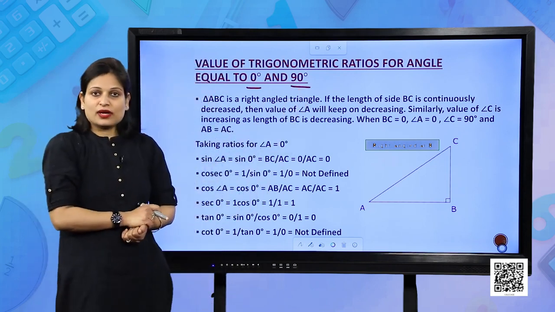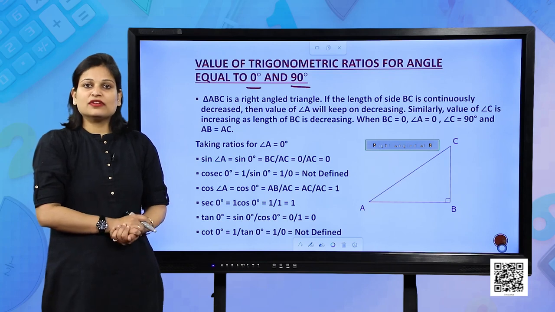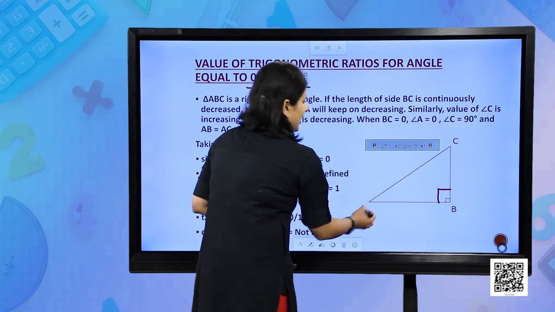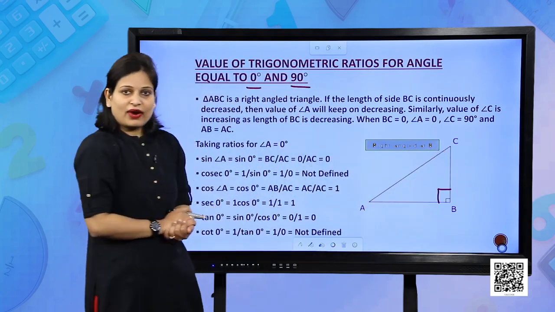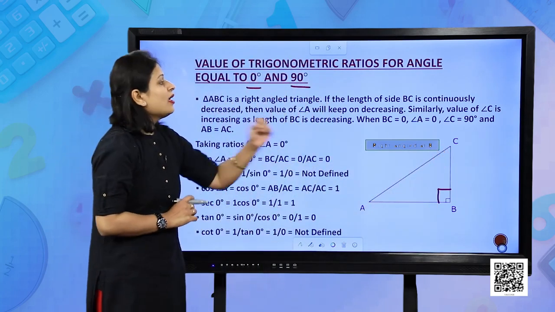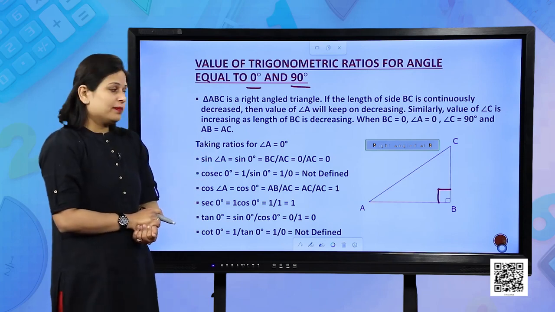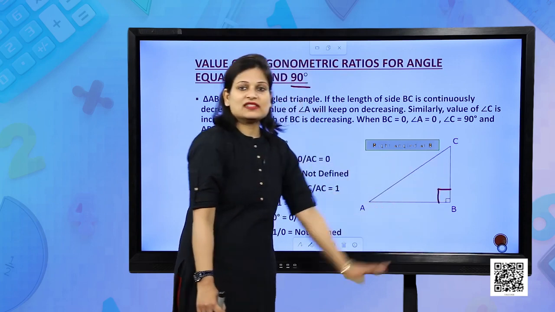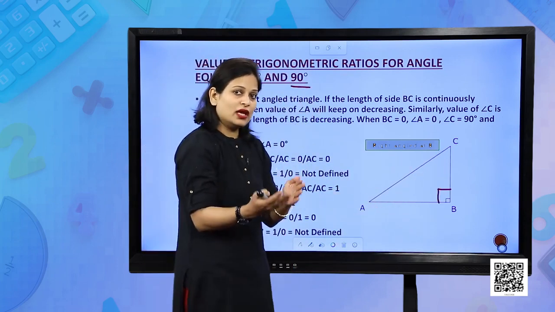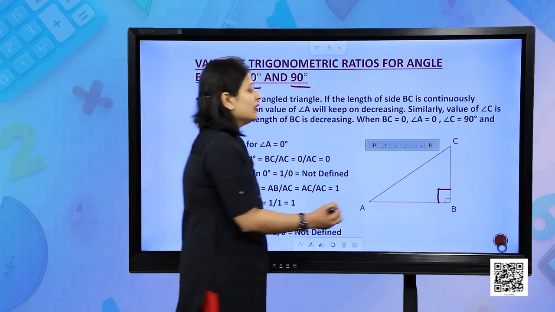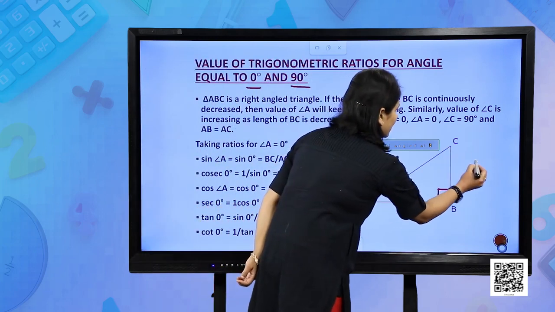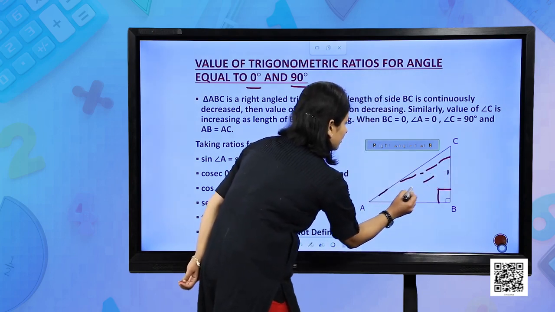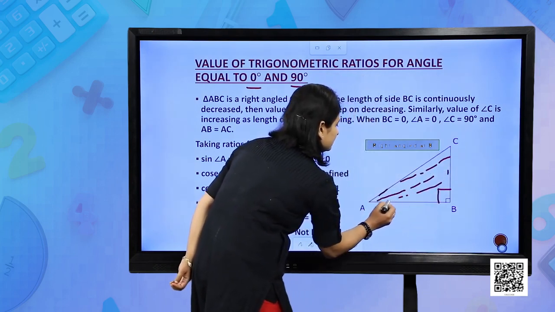For this, we need to construct a right angle triangle which is right angled at B. As you can see, ABC is a right angle triangle right angled at B. Now, tell me, if I decrease the length of side BC, suppose I keep on decreasing, what will happen?